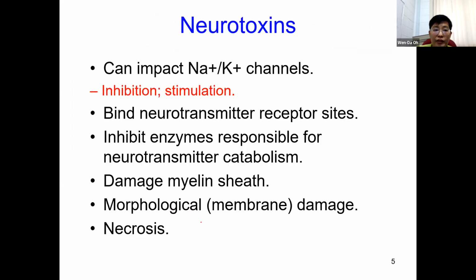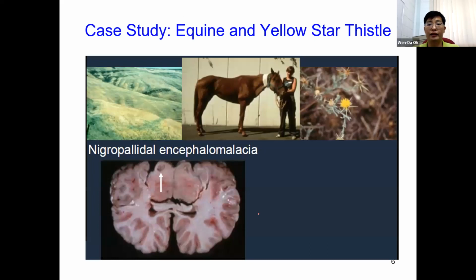Another one that just to share with you is that there's another case study, which you can search if you are interested to see what is actually happening to this horse over here. This is actually an equine. Okay, equine is like a horse creature, right? This equine can be poisoned by this kind of flower, right? This is a yellow star thistle. This flower, if it's taken by this animal, you will have certain irreversible toxic effect to their brain.